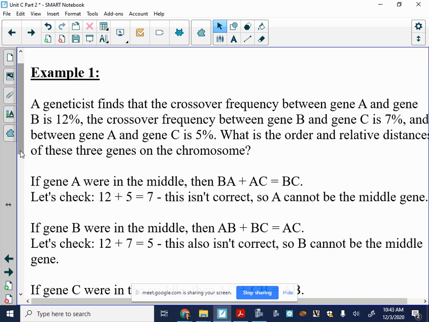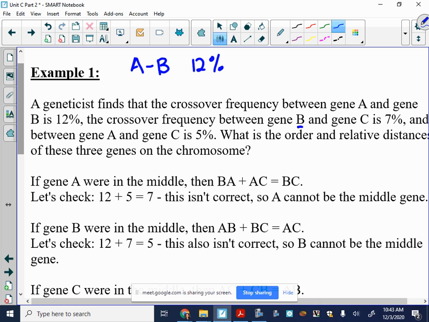Okay, so it gives you 3 choices. A geneticist finds that crossover frequencies between gene A and B is 12%. Between gene B and C is 7%.